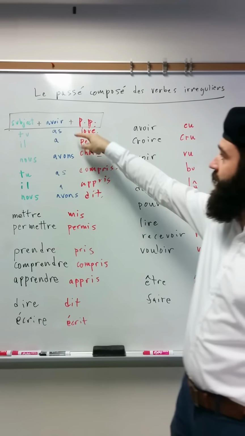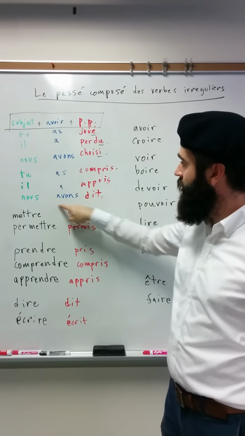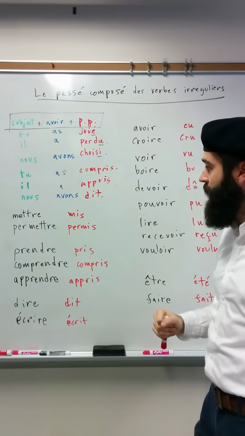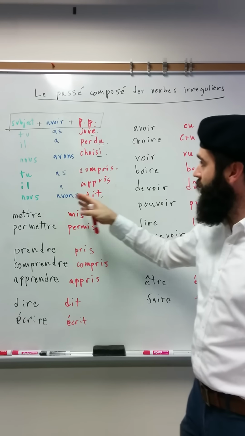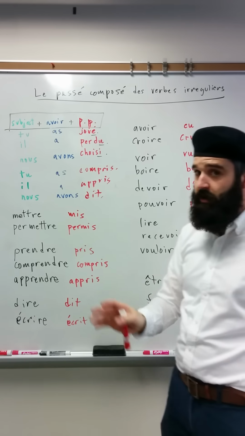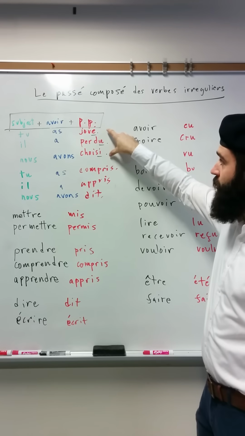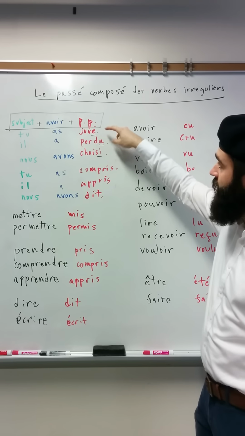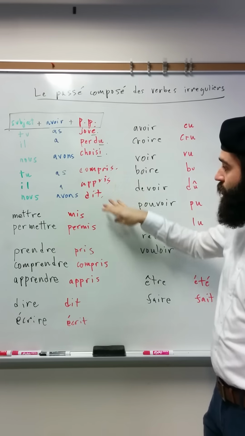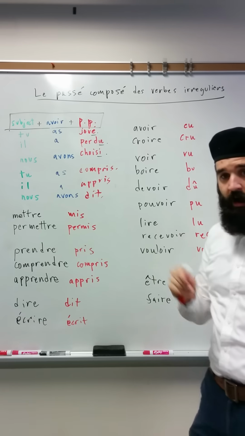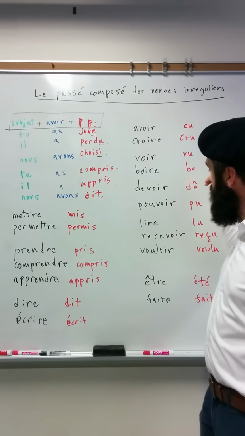Okay, and don't forget your avoir. Okay, we're still using avoir. All right, you'll have your subject, avoir, past participle. The only thing that's changing now is that our past participle is not one of these three. It's not an E or a U or an I. It's a whole new thing. Okay, so you just have to memorize these. So try making a sentence for each of these verbs.